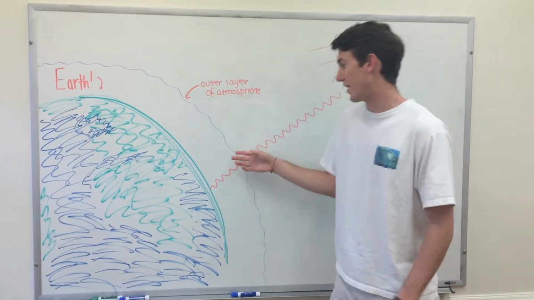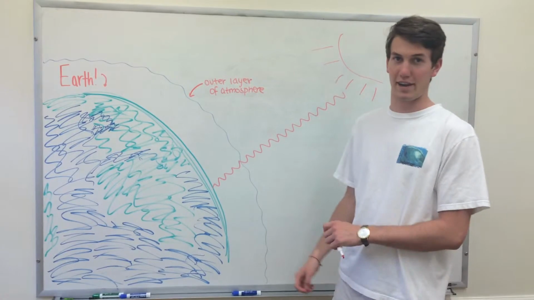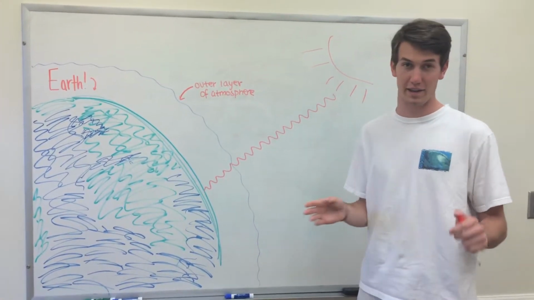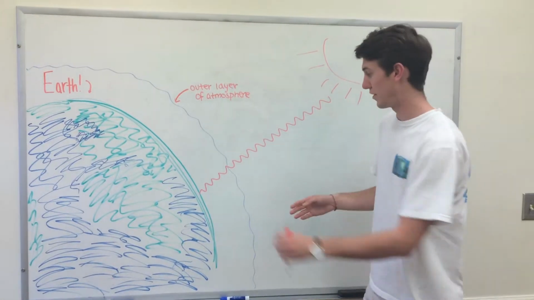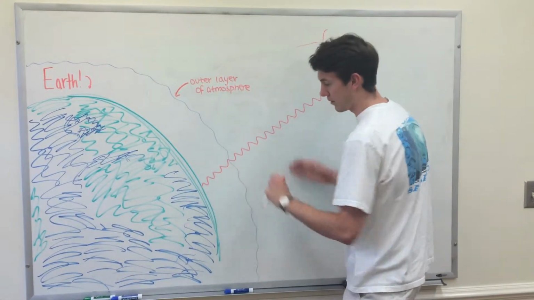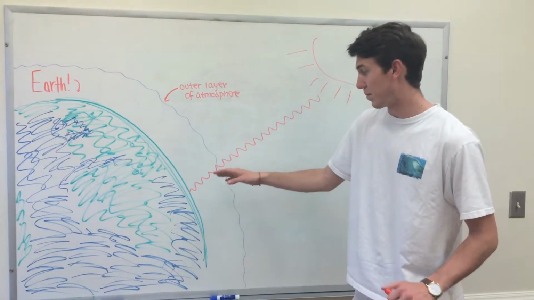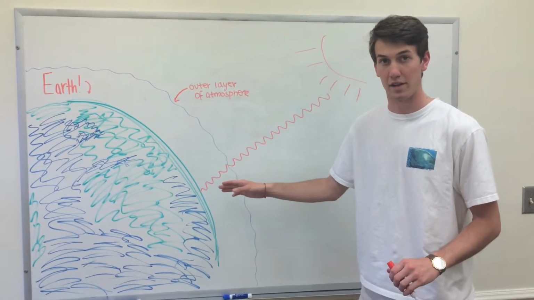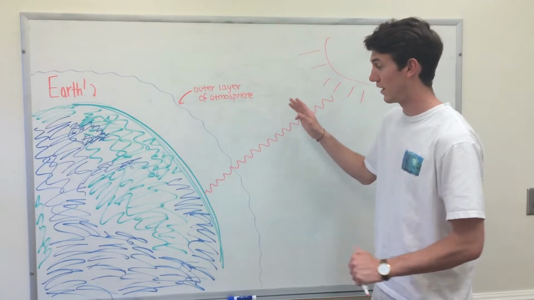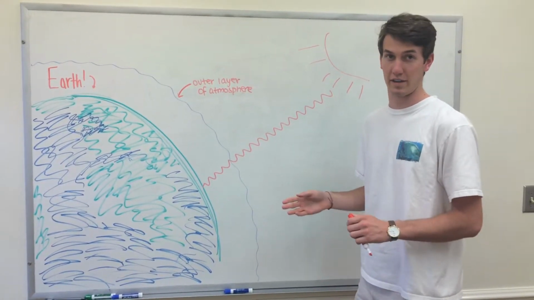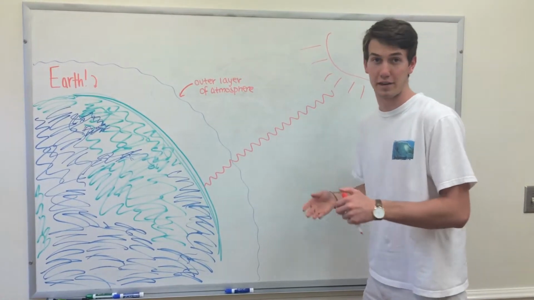So carbon dioxide and all the other greenhouse gases are visible to infrared light, meaning they absorb it. And so when visible light hits the earth, it is partially absorbed by the earth, but it's partially reflected. And when it's reflected, it has a larger wavelength, which makes it infrared light.